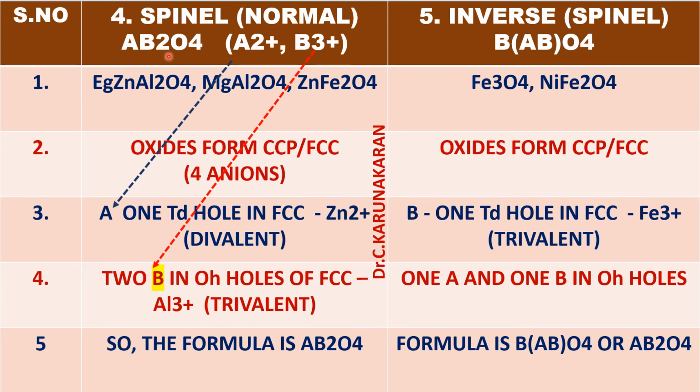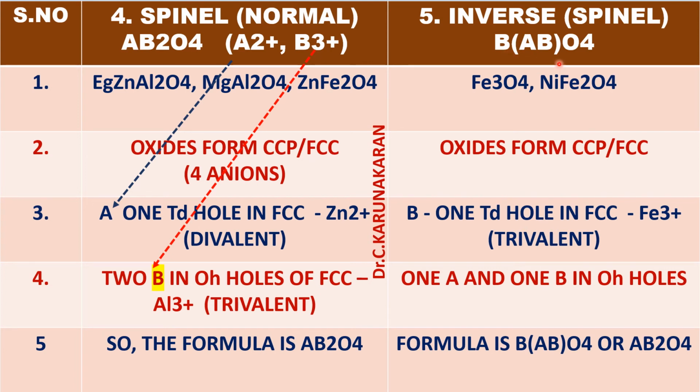And these 2B trivalent cations are present in two octahedral holes of FCC. For example, Al3+, Fe3+, trivalent. This is B, B is trivalent. Here also B is trivalent.